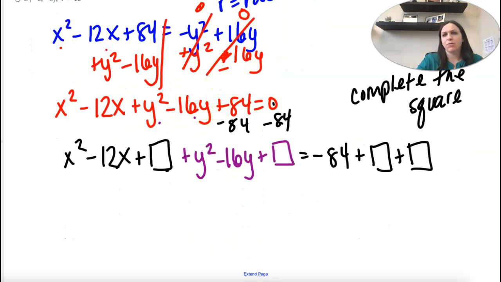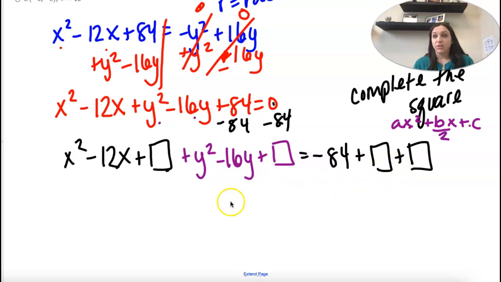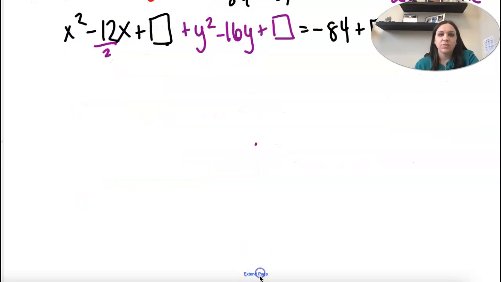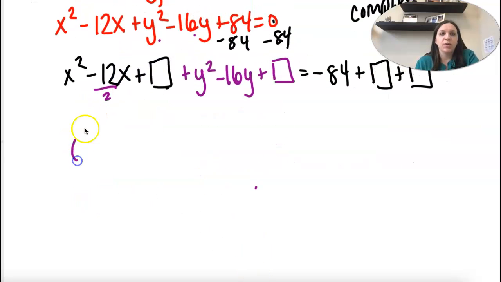So let me go through how to do that. We take our b value. When I say b, I want you to think of the standard form of a quadratic equation, ax squared plus bx plus c. So b is the number by x, and we're going to divide that by 2. So b divided by 2. And what that does is when we put that in our squared binomial, it's going to be (x minus 6) squared.